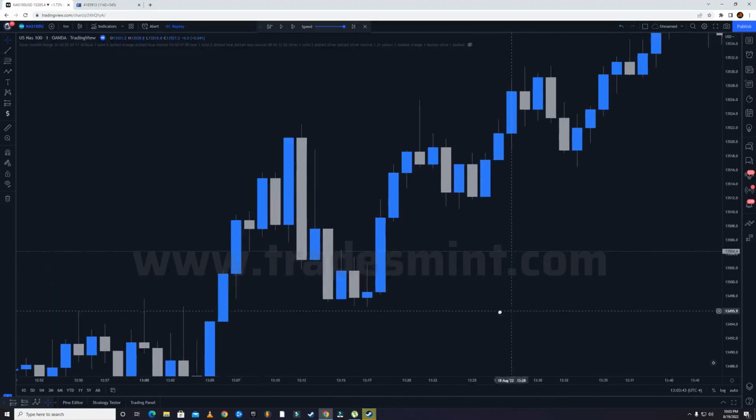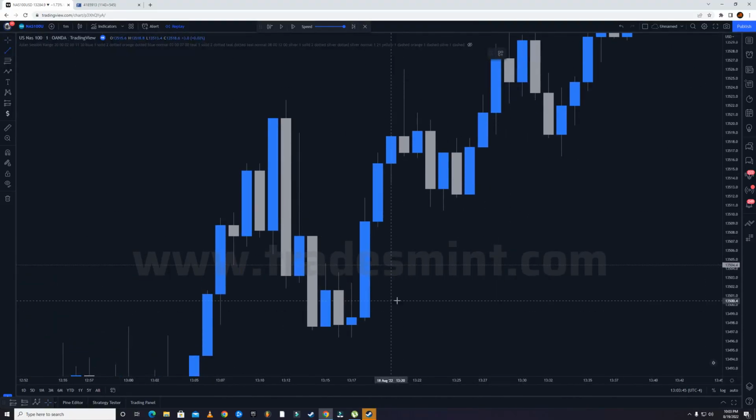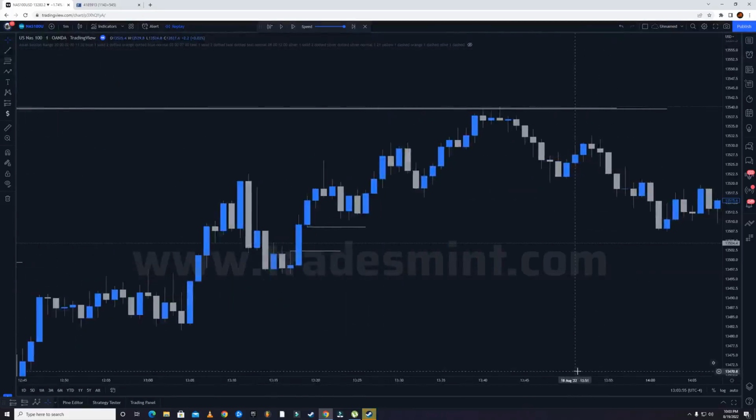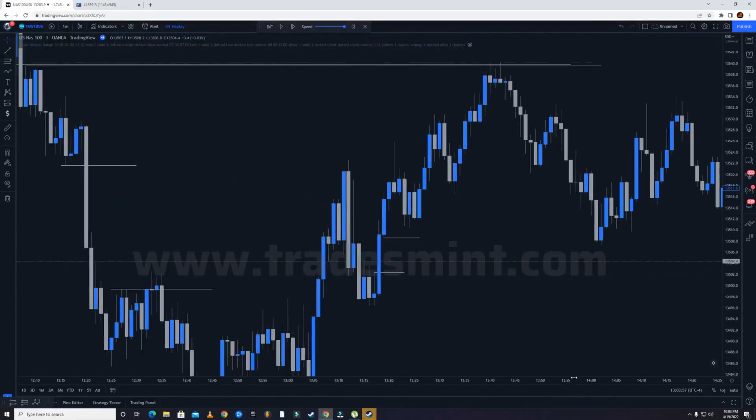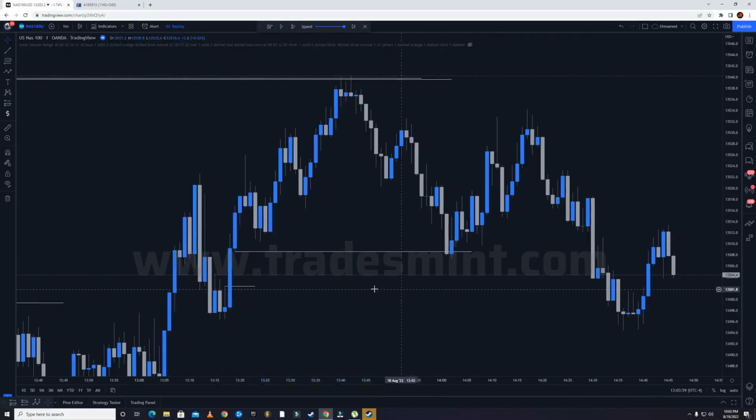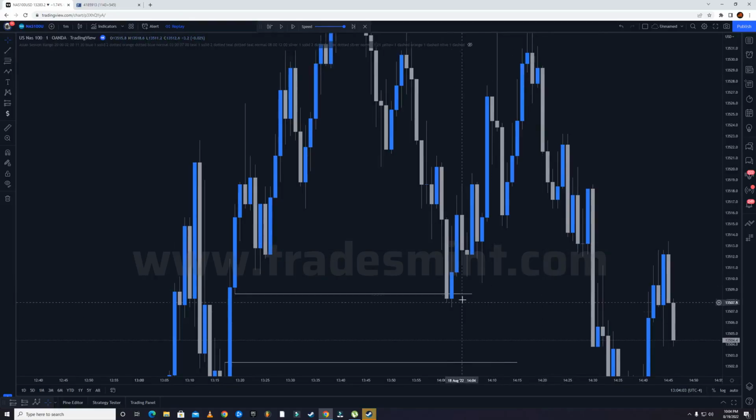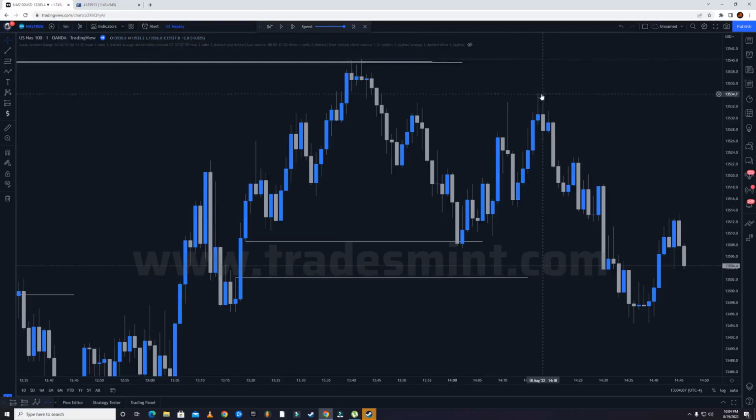When we're looking for buys, we are gonna look at the very high of the first candle and the low of the third candle, and then we wait for the price to fill this level. And as you can see, if we draw this out, price filled this level, filled this imbalance or fair value gap, and it went all the way up.